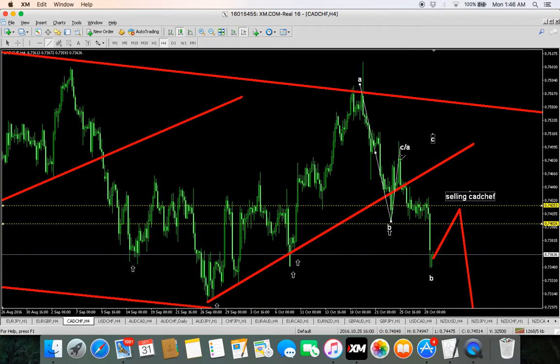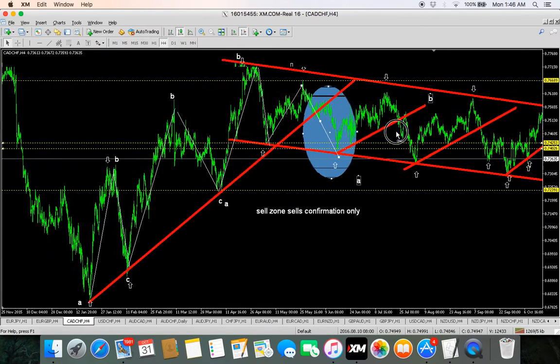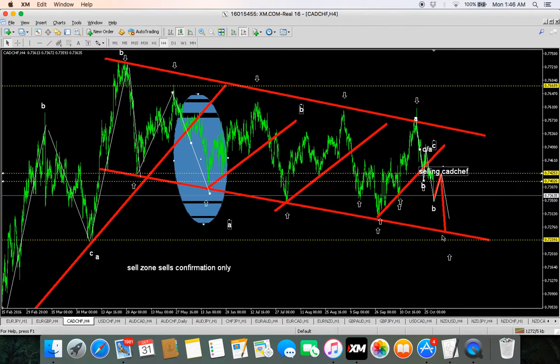So the market now is on a B. But looking at this, we want to sell this because it is on a downtrend. We want to sell it at this point. That's where we're looking to sell this pair, up until down, up until this point here.